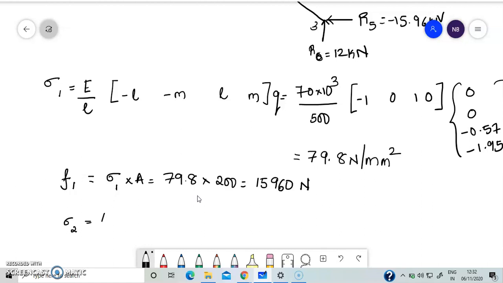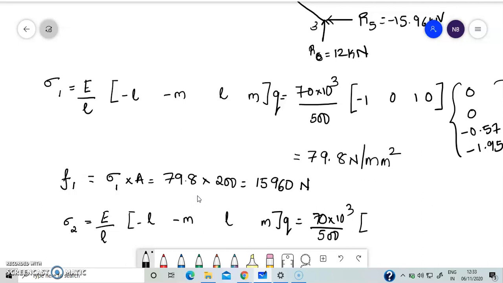Moving on to element 2. So we have the same formula here. The direction cosines for element 2 were L was 0.8 and M was minus 0.6.